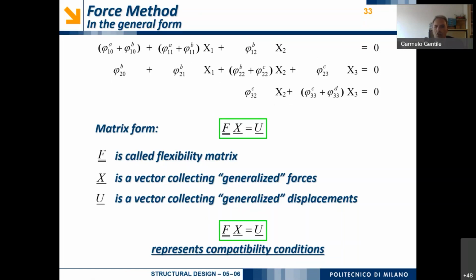Those equations in general represent compatibility conditions. So they represent the fulfillment of the constraint conditions that are prescribed corresponding to the external or internal constraints.